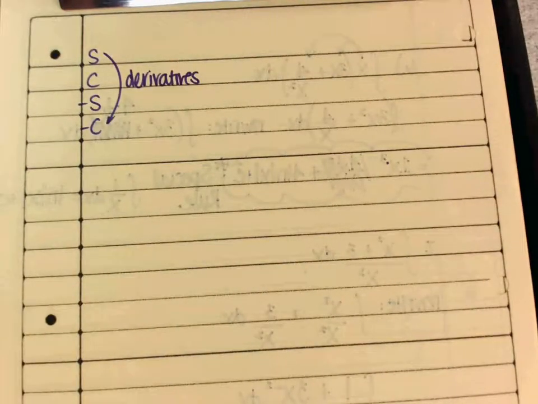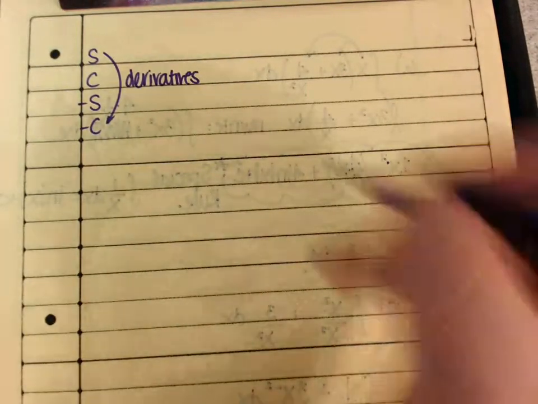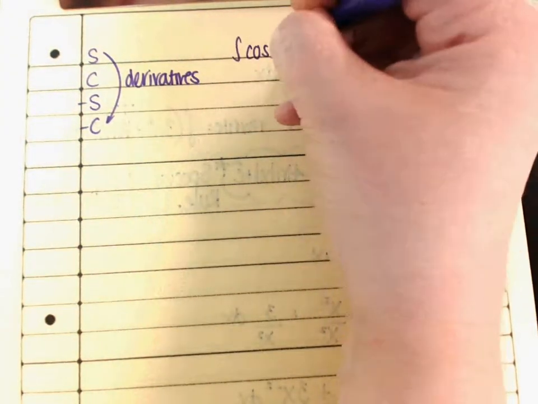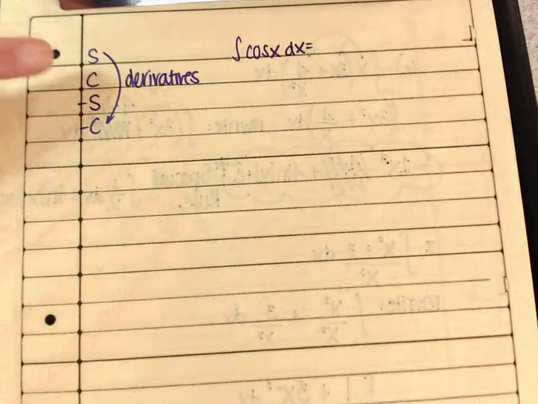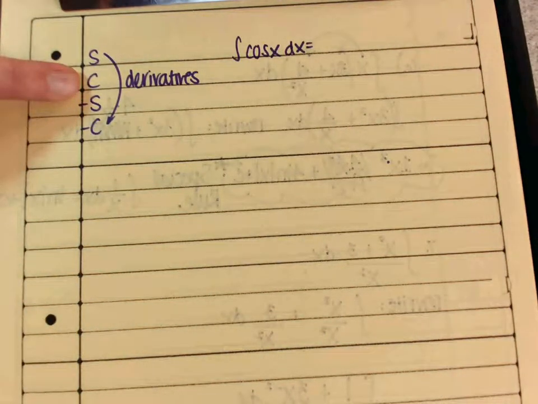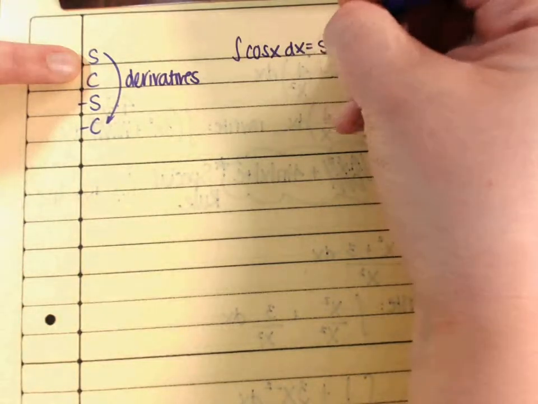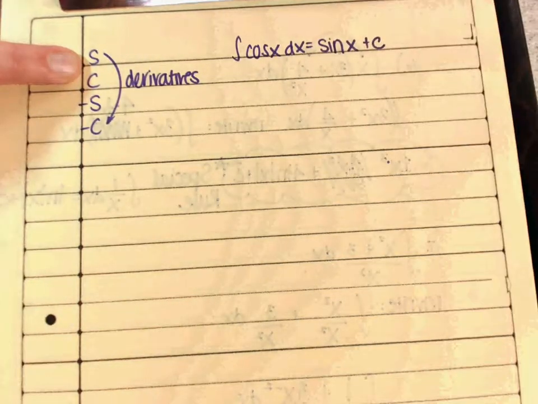So when you do derivatives, you're going down the ladder. When you're doing antiderivatives, you're going which direction? Up the ladder. So if I ask you for the antiderivative of cosine x, you would start at cosine and you would go up 1. It would be what? Sine x plus c.